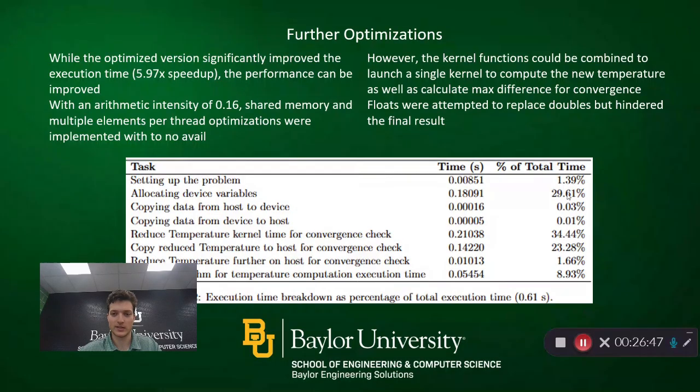That's going to be hard to get around unless we can use floats instead of doubles. This copy time is still a major proportion of the time, but instead of being about 90%, it's a lot less than that. So we improved that there, and then the kernel time here for the temperature was a lot lower, relatively speaking, than the others.